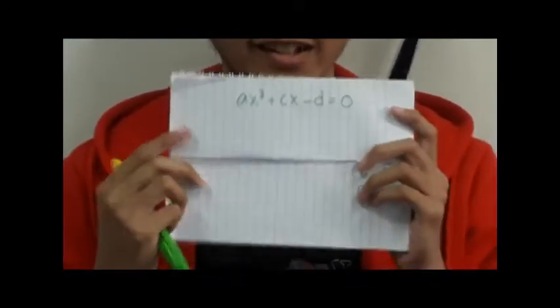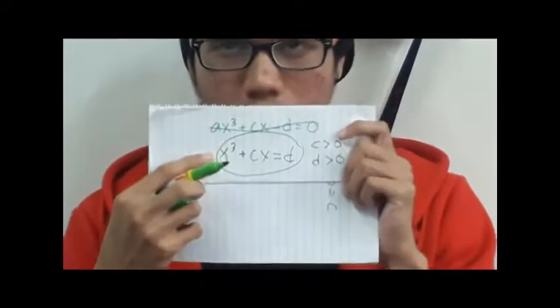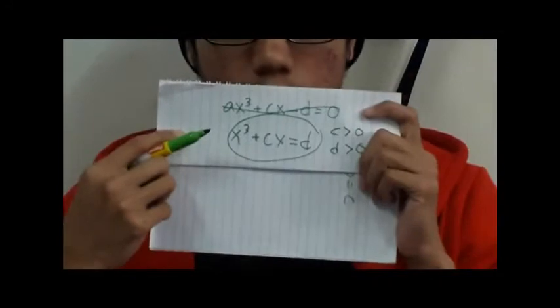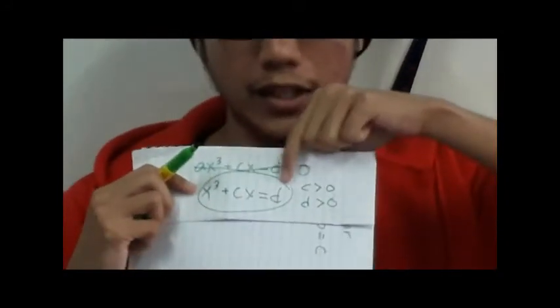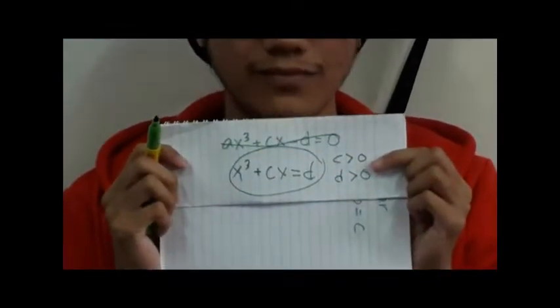Now this is the case that Del Ferro tried to solve, but to obtain the root equation, Del Ferro rewrote the equation as this equation, where A is equal to 1 and D is moved to the other side, and the values of C and D must be greater than 0.